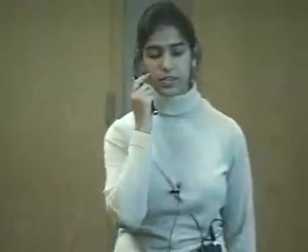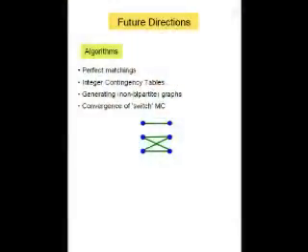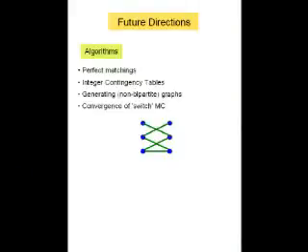A more tractable problem might be, can we generate non-bipartite graphs with a given degree sequence? Again, this is known in the case that the underlying degree sequence is regular, but not in general. And one long-standing open problem which seems very easy, but its convergence properties are not known, is sampling from binary contingency tables where the moves of the Markov chain are just to switch two edges like this.